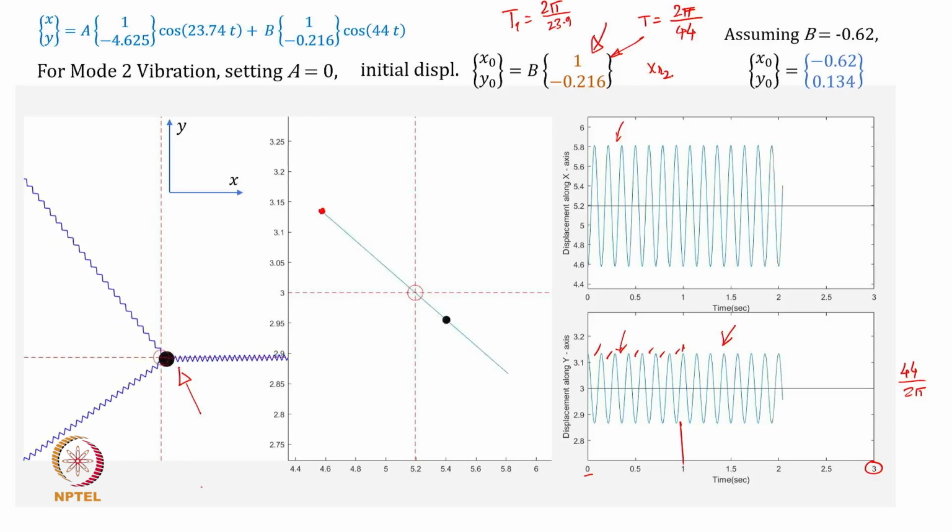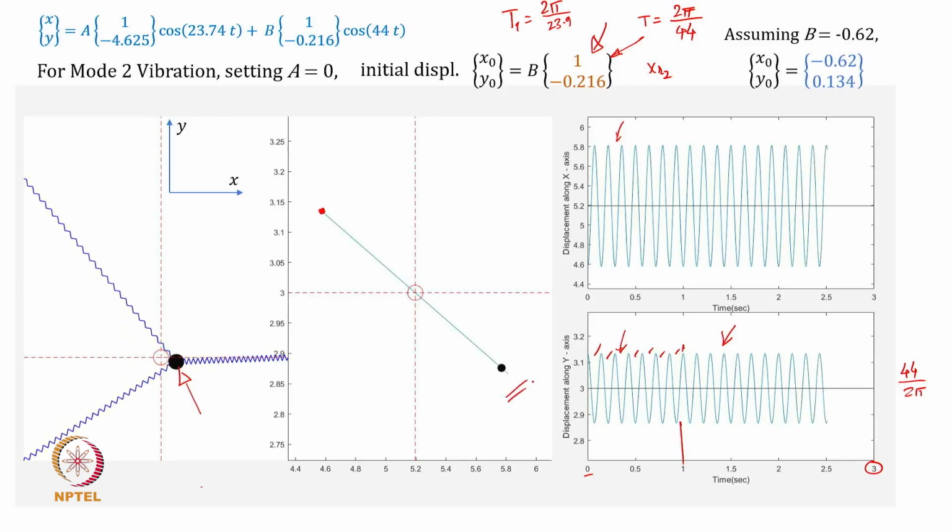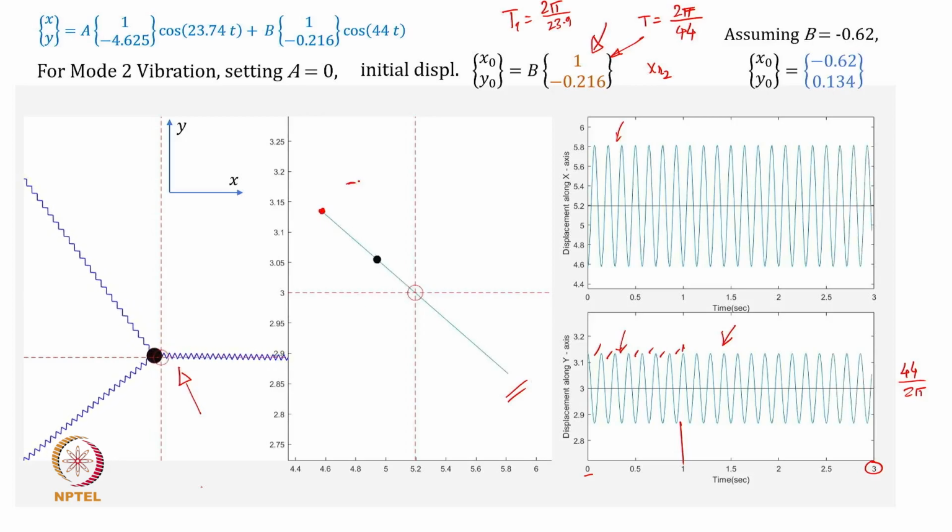That means if x is positive, y is negative. This is exactly what is happening. When it comes into the fourth quadrant, x is positive, y is negative. When it goes into the second quadrant, x is negative but y is positive. That's why it is all the time maintaining the relationship of minus 0.216. And with that it executes pure harmonic vibratory motion at the frequency 44 radians per second.